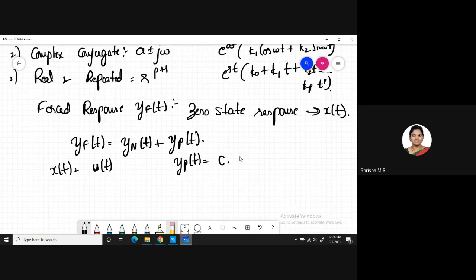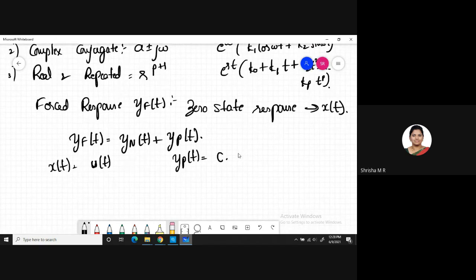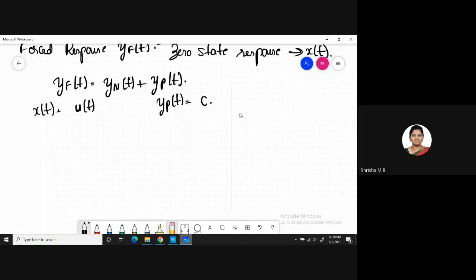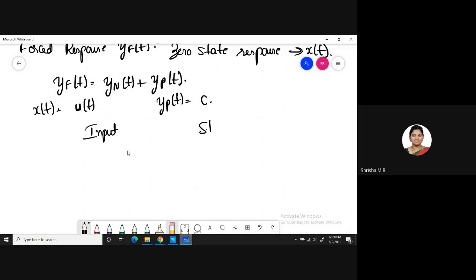Okay, so you have one more chart for this, inputs as well as particular response. Depending on that, we shall see how the particular response depends on the inputs. So you have the input side and the structure of particular response.